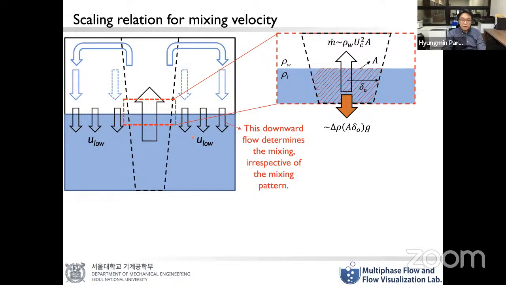As I said, the downward velocity of this interface, which we call U low, determines the mixing irrespective of the mixing pattern. So we want to model this velocity scale.